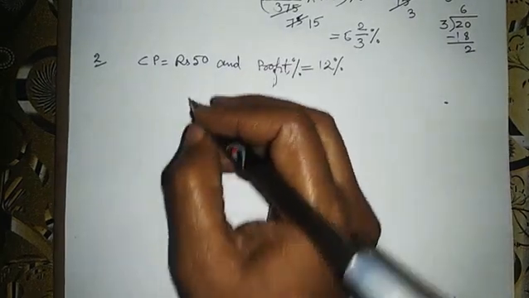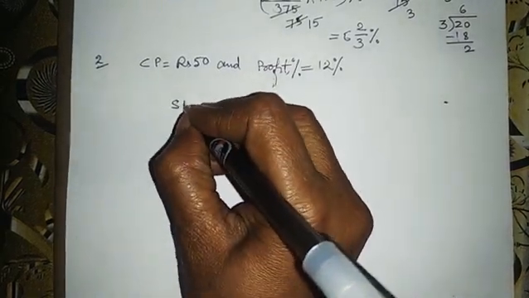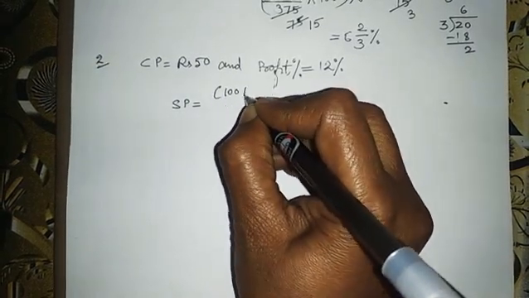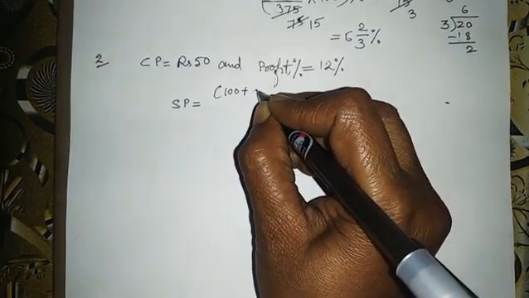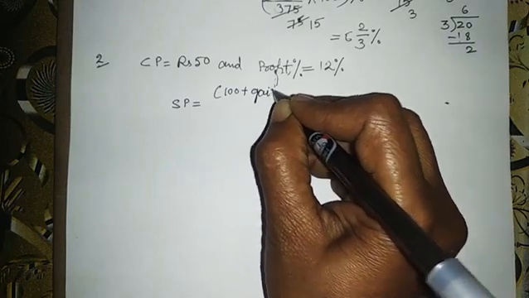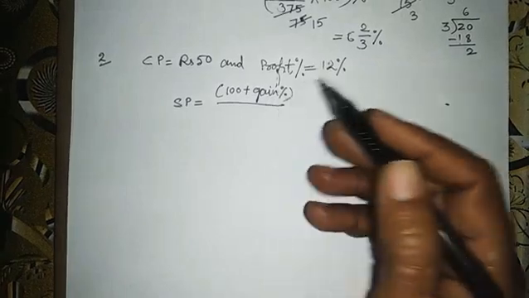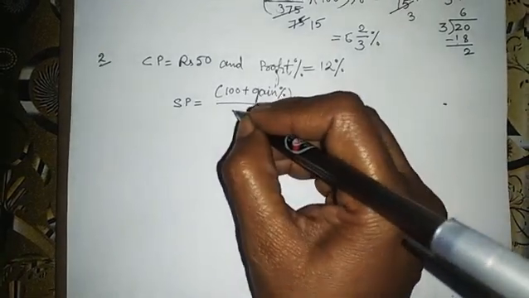Now here we will use this formula. SP is equal to 100 plus gain percent upon 100 into CP. Students, here you can write profit percent also, no problem. Anything you can write.